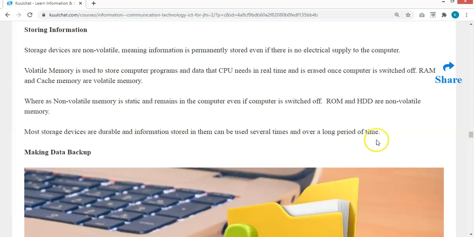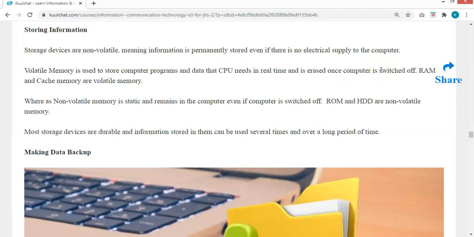So storage devices are non-volatile, like I've told you, meaning information is permanently stored, even if there is no electrical supply to the computer. So even if there is no electrical supply to the computer, we still have that data over there. The volatile memory is used to store computer programs and data that the CPU needs in real time and is erased once the computer is switched off.